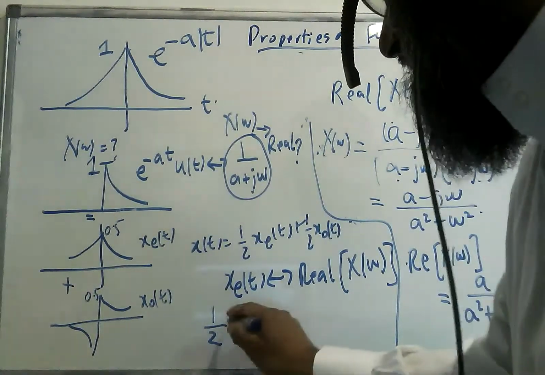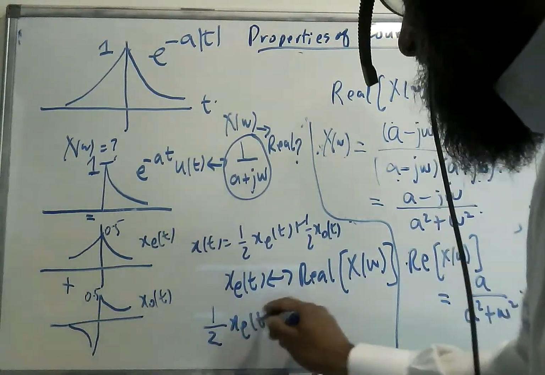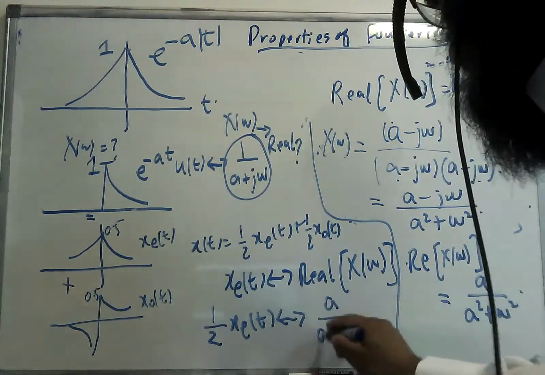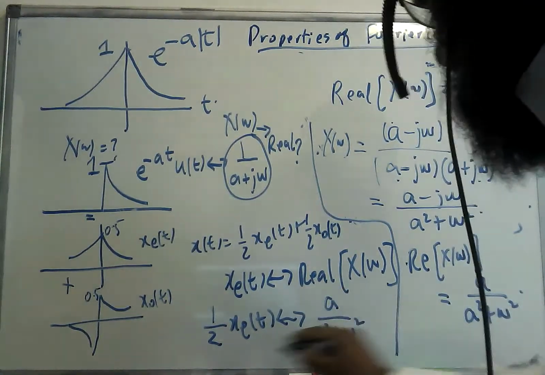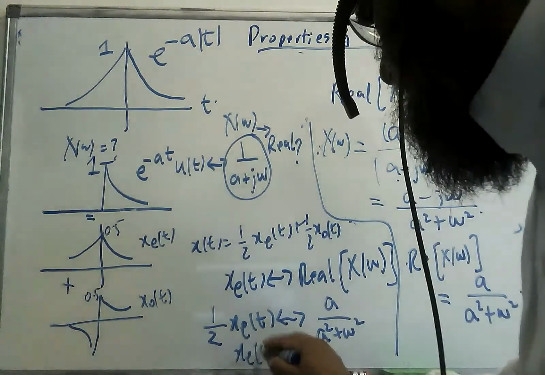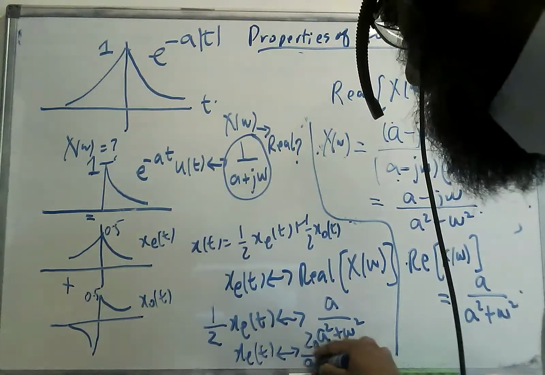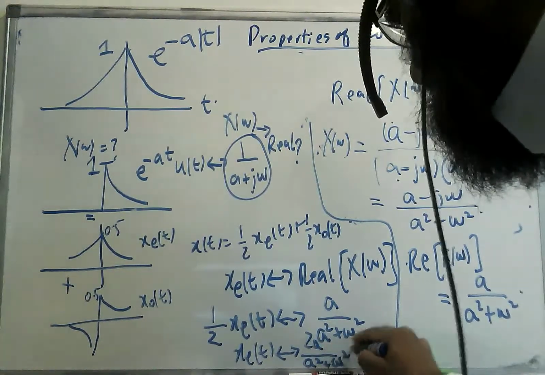So half x e of t has the Fourier transform of a divided by a square plus omega square. So x even of t, the Fourier transform will be 2a divided by a square plus omega square.